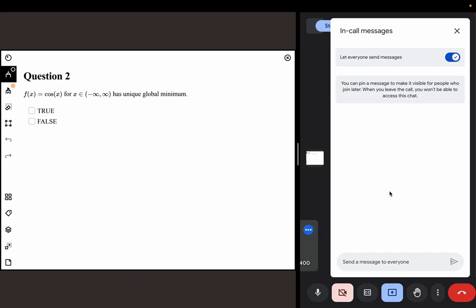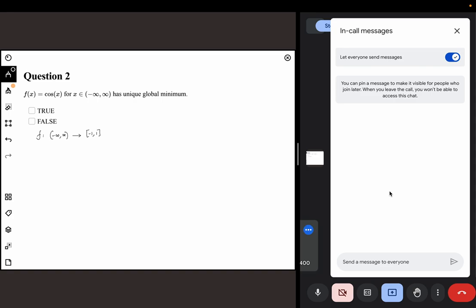The function f of x equal to cos x for the domain x belonging to minus infinity to infinity has a unique global minimum. Is this true or false? So cos x is something like this.